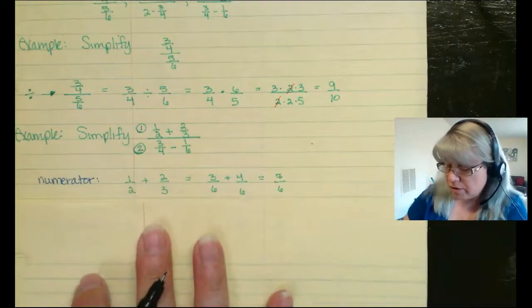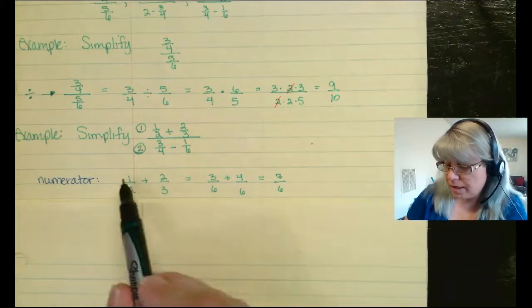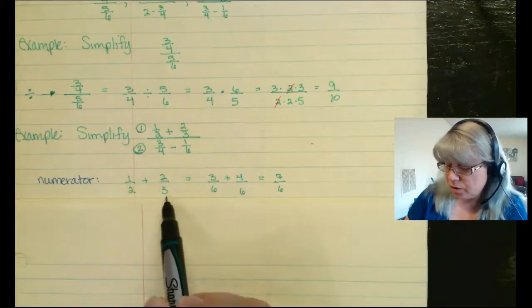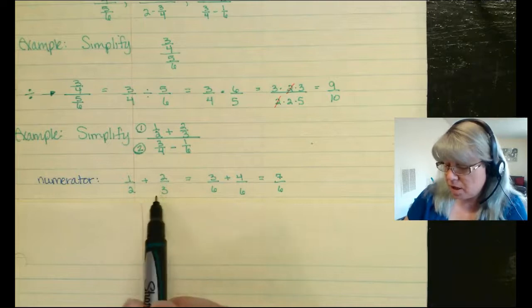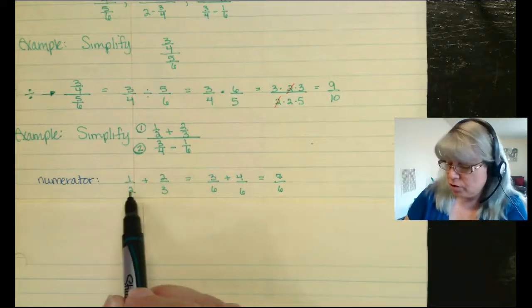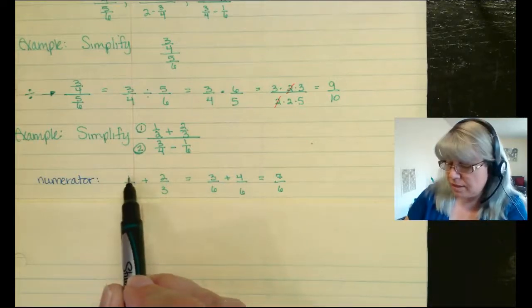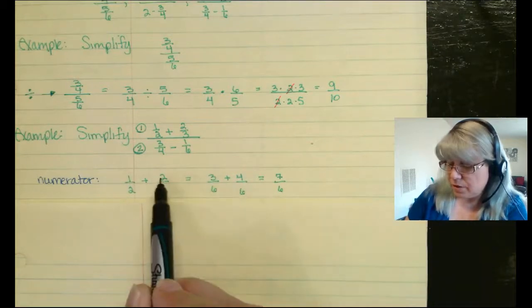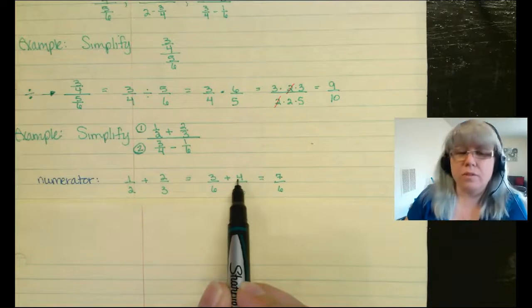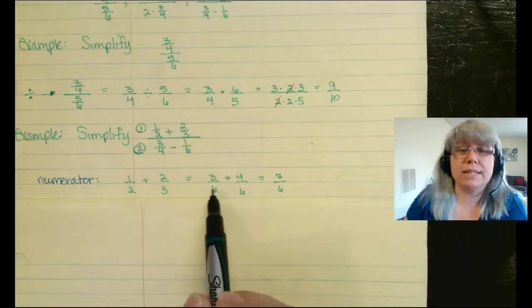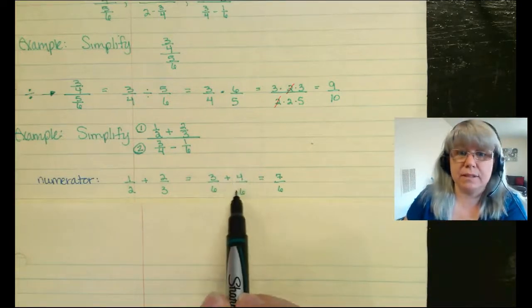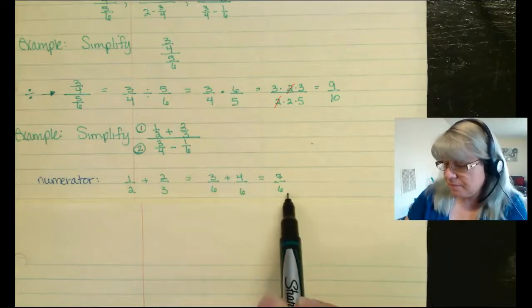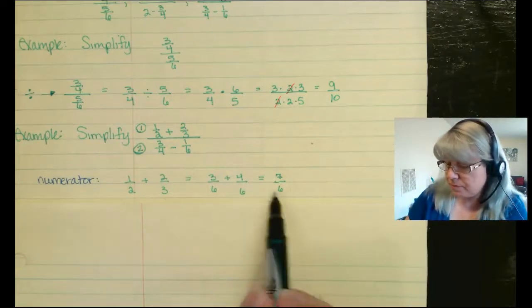Our numerator, our top number, is 1/2 plus 2/3. Find common denominator, which will be 6. 2 times 3 is 6, therefore 1 times 3 is 3. 3 times 2 is 6, therefore 2 times 2 is 4. Now I have 3/6 plus 4/6, which is 7/6. So our whole entire top number is 7/6 now.